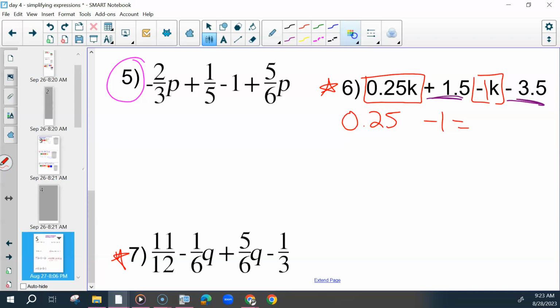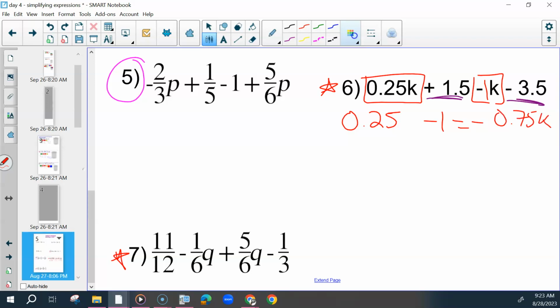How much do you get? 0.25 minus 1, what would that give us? Negative 0.75.